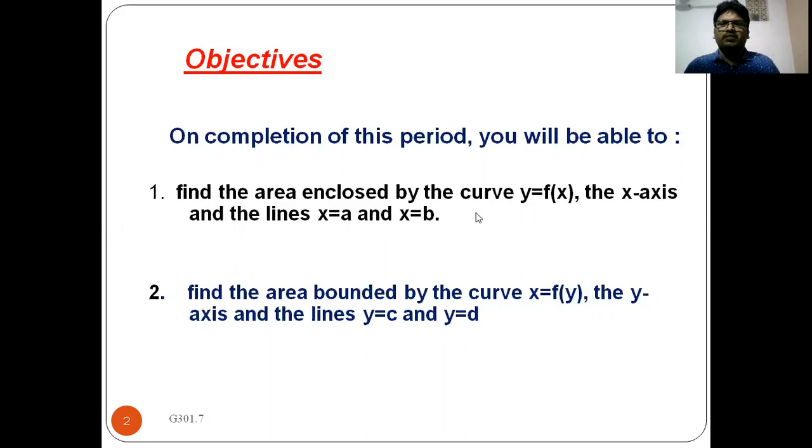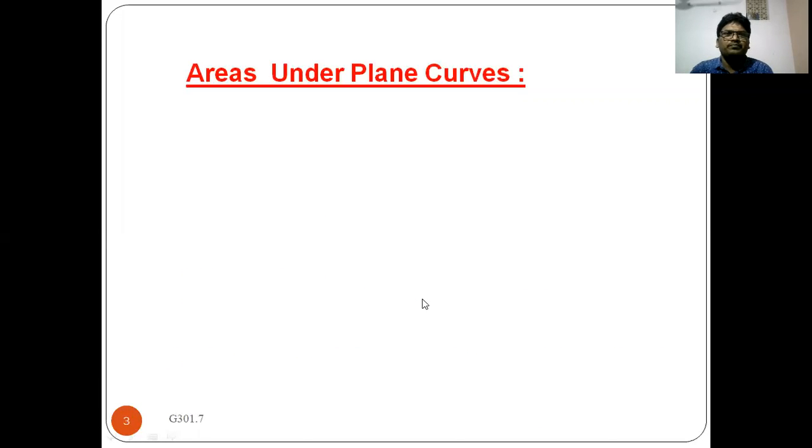In the first formula, we find the region of the curve y is equal to f of x about the x-axis within the limits x equal to a and x equal to b. So these are the two important formulas we have discussed in this session. Using these two formulas, we have to solve some important problems.